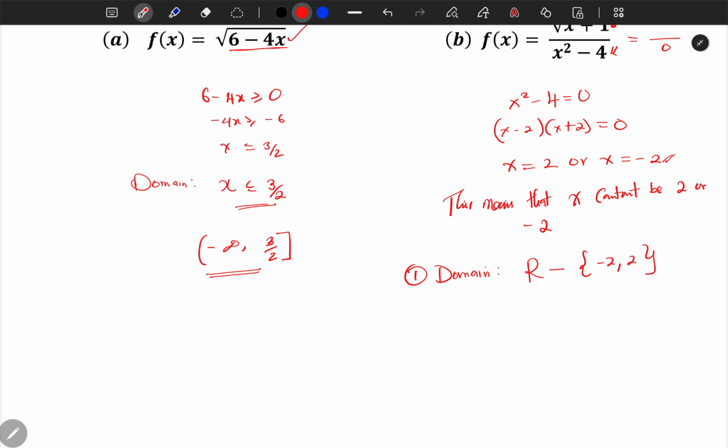Or we can get numbers that are not 2, a number after 2 or a number before 2. So, for example, the x we're looking for can be less than negative 2, or 2 can be less than that number.